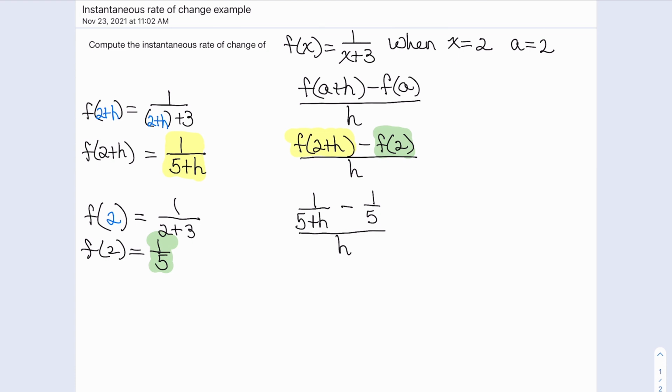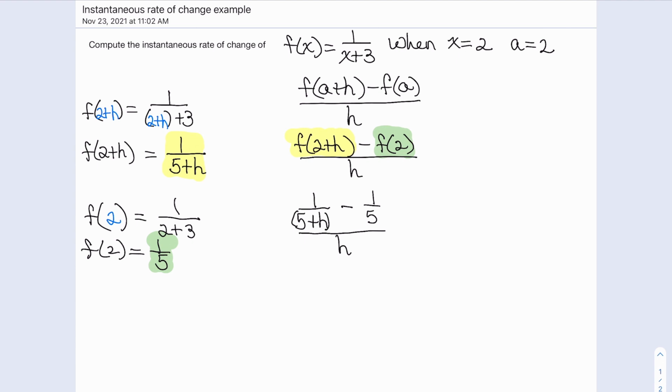Now this is not simplified enough for me to be able to take out the h's and put in zeros yet. What we need to do here is look at this complex fraction and rewrite it without the denominators in the numerator. So when I think about the fractions in the numerator, the length of those fraction bars are a grouping symbol.